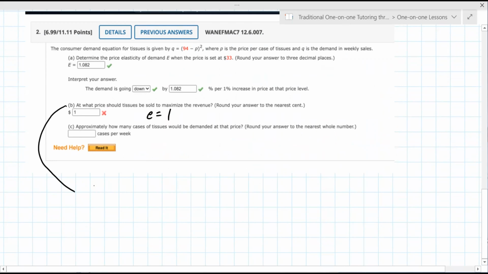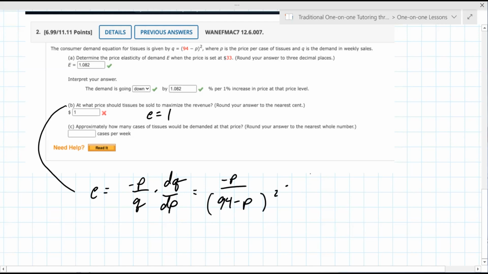Okay. So then to do this right, your elasticity of demand is minus P over Q times dQ dP. Does that sound right? Yes. Okay. So you have minus P over 94 minus P squared times 2 times 94 minus P times -1.